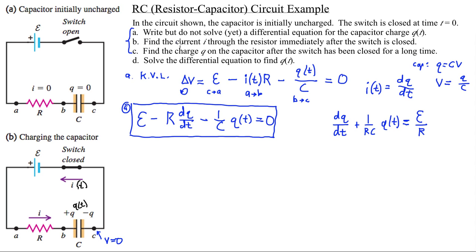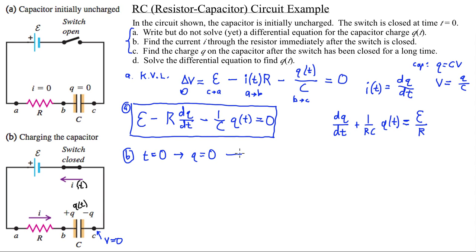It's something that comes with experience, knowing when it's a good idea. So for part B, for the AP-ish question, we have to find the current through the resistor immediately after the switch is closed. So for B, we want to find I at time t equals 0. What else do we know about this circuit at t equals 0? We know the initial charge of the capacitor is 0, so Q equals 0 at t equals 0.